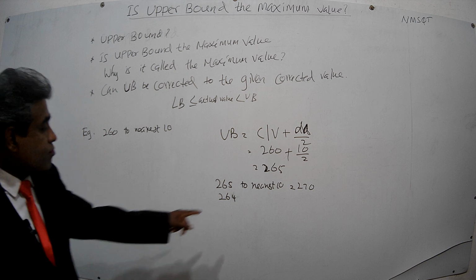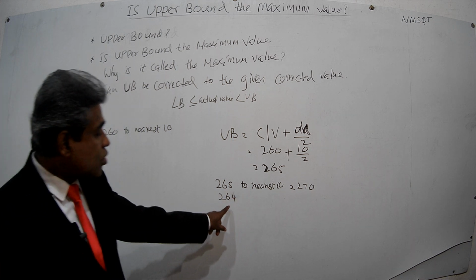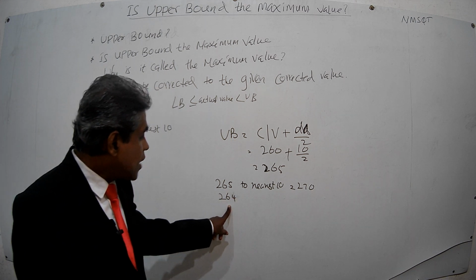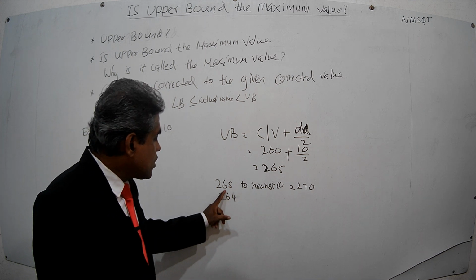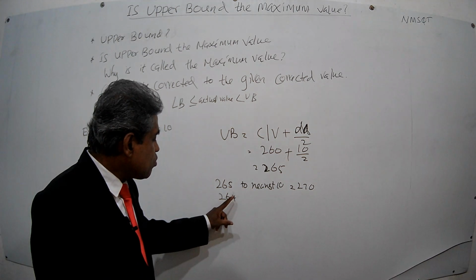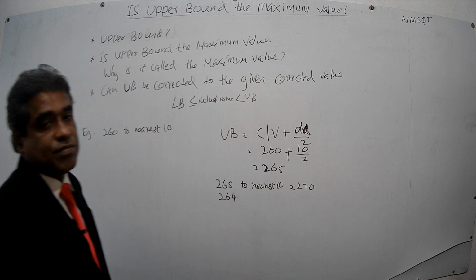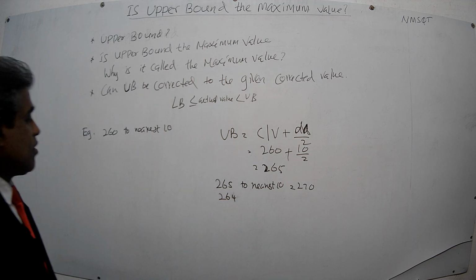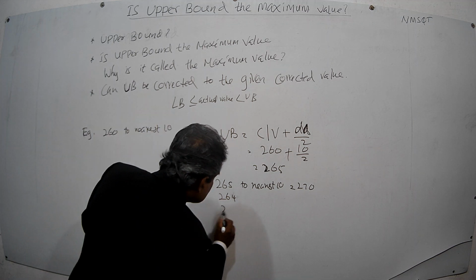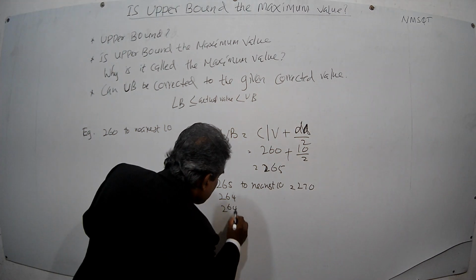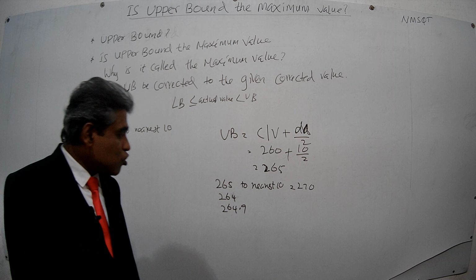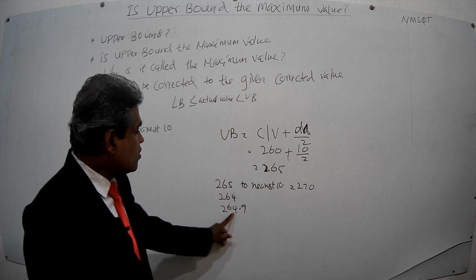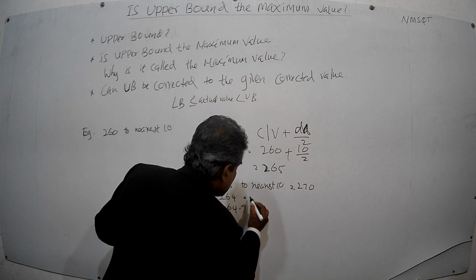Now write this correct to nearest 10. Tens place here, look at the units place, less than 5, so put 0 here, no addition: 260. Then we'll take another one, 264.9. Then round this also to nearest 10. How much is it to nearest 10?